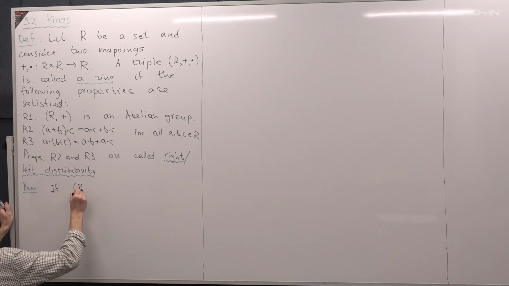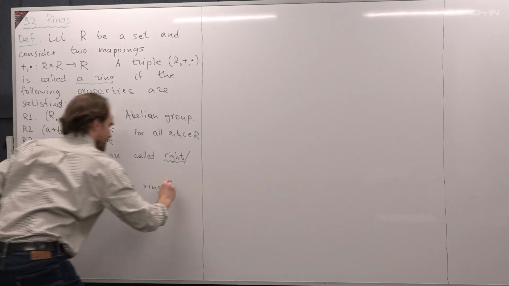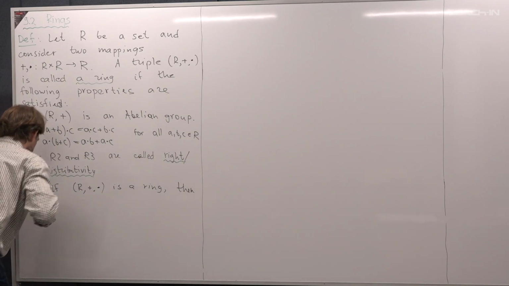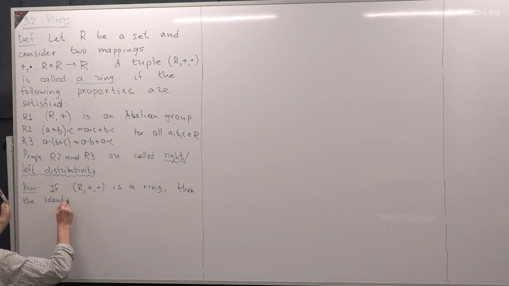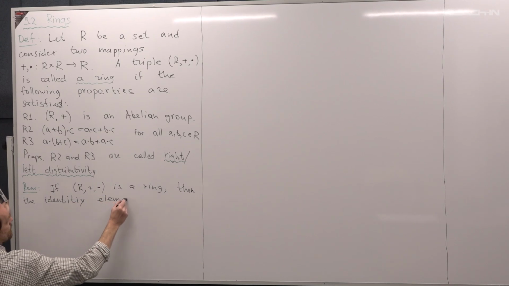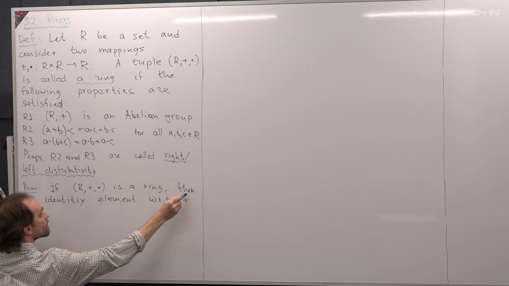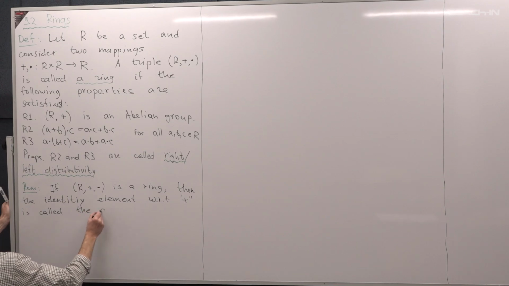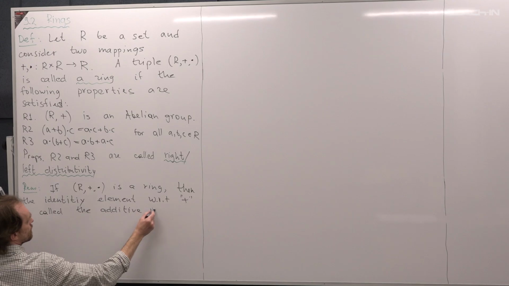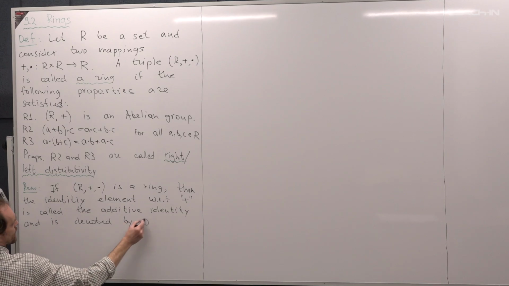If (R, plus, dot) is a ring, then the identity element with respect to plus, with respect to the first operation, is called the additive identity and is denoted by 0.